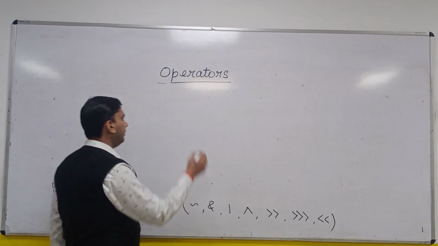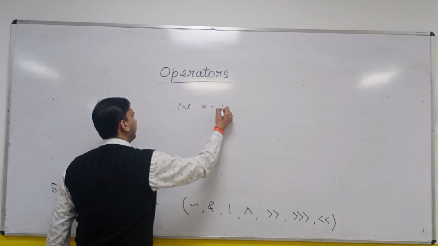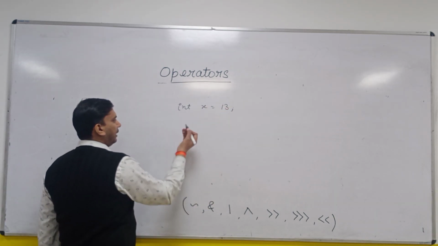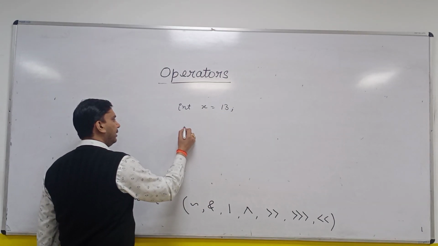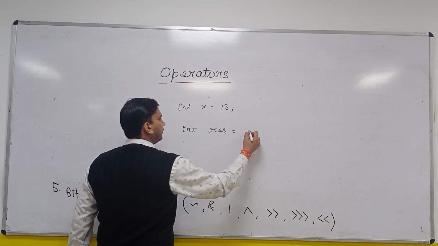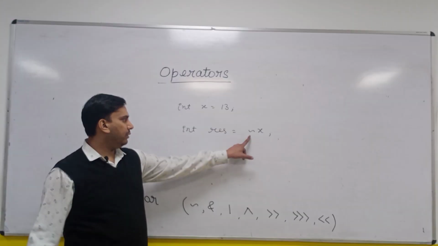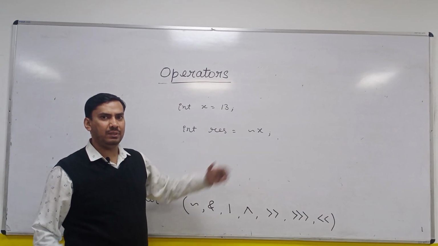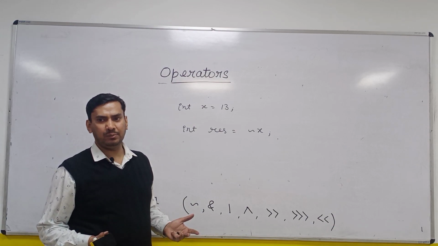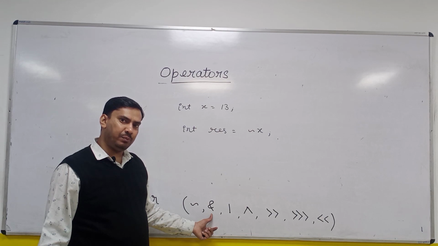Let's say I have written here int x is equal to 13, and I want my result to be not of x. So this is your bitwise NOT operator. It simply inverts the bits. Then we have the bitwise AND operator.